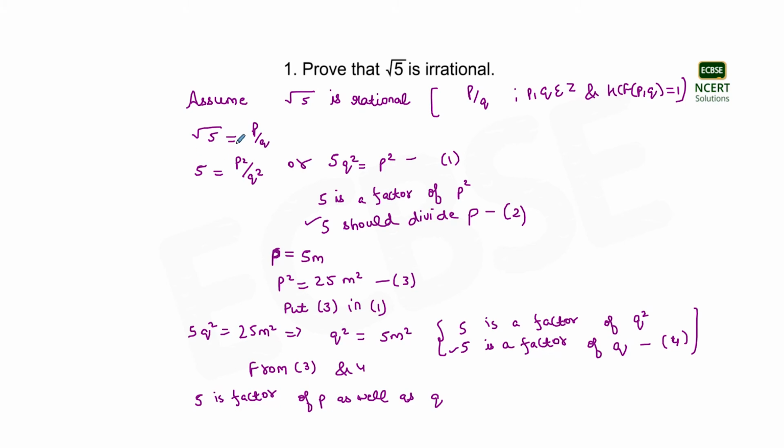And if we observe this, root 5 is equal to p by q. As 5 is a factor of p and 5 is a factor of q, p can be written as 5 into p1 and q as 5 into q1, where p1 and q1 are some positive integers.